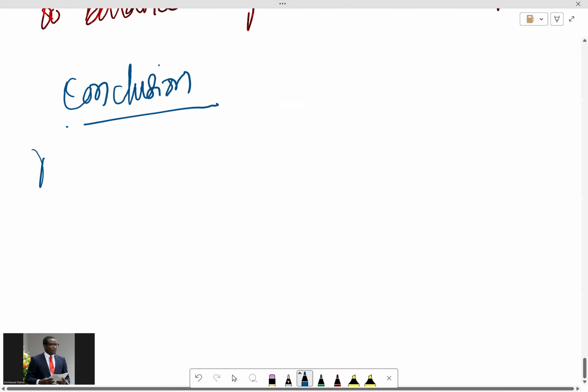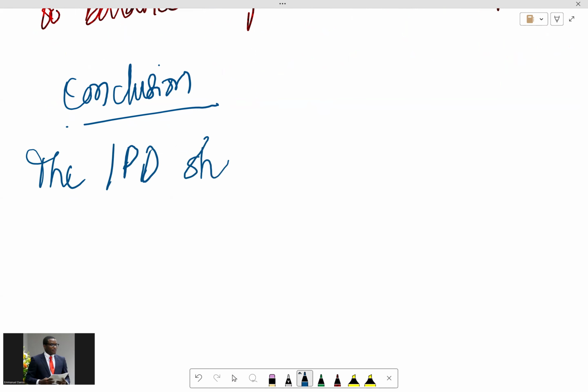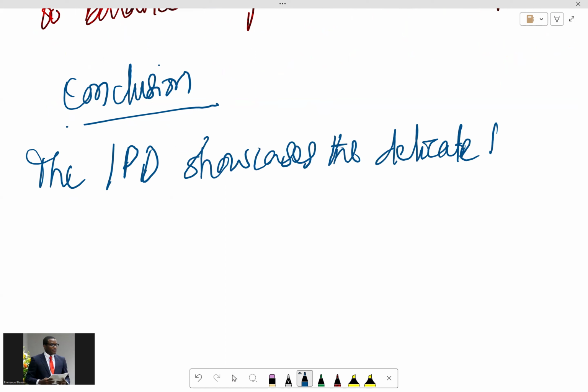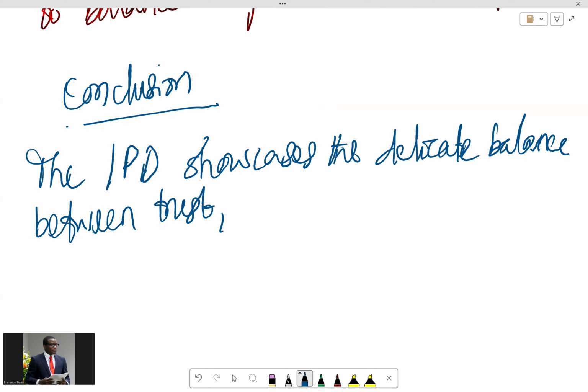So conclusion, the iterated prisoner's dilemma showcases the delicate balance between trust, cooperation, and self-interest.